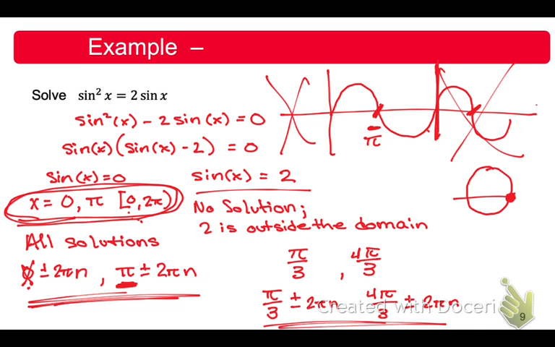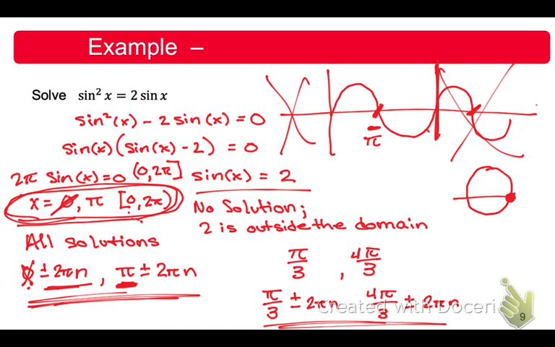Now they could do 0 is not included and 2 pi is included. I see that a lot. And how would you do that? This would just be 2 pi, and your all solutions would still be 2 pi n. So you've got to see where the bracket is.